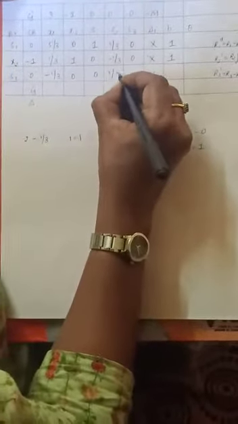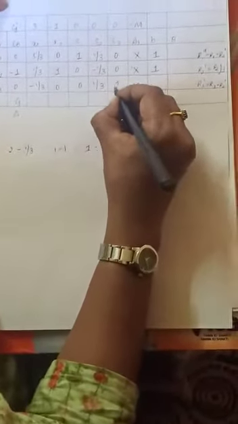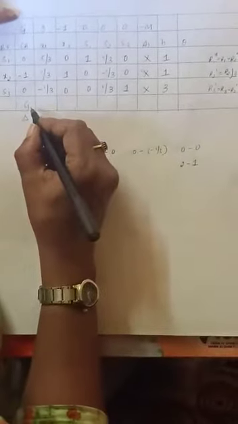When I do that, I get the values: minus 1 by 3, 0, 1 by 3, 1, and 4 minus 1 is 3. Similarly, I find out the Cj values.